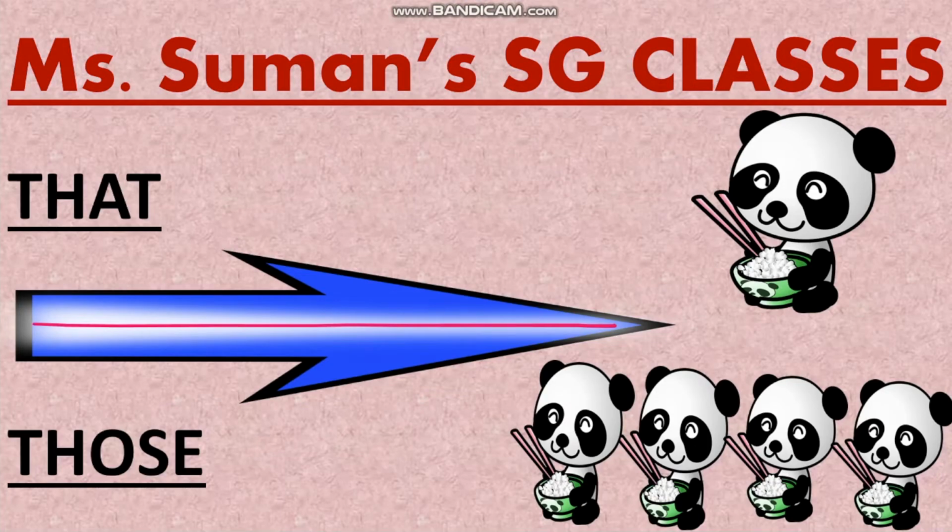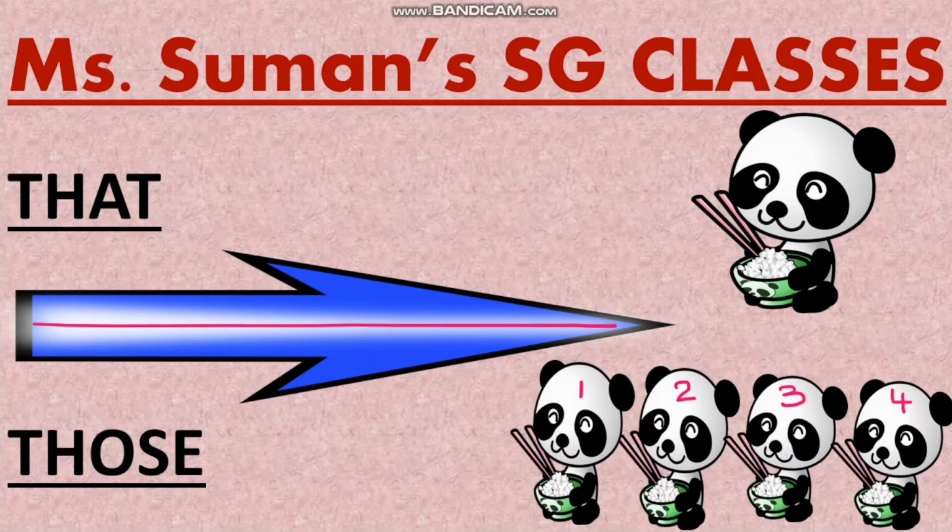Let's take a look at that and those. So this big arrow shows that this thing is far away. That bear is eating. But in the second picture, you can see how many bears? 1, 2, 3, and 4. 4 bears, more than one.